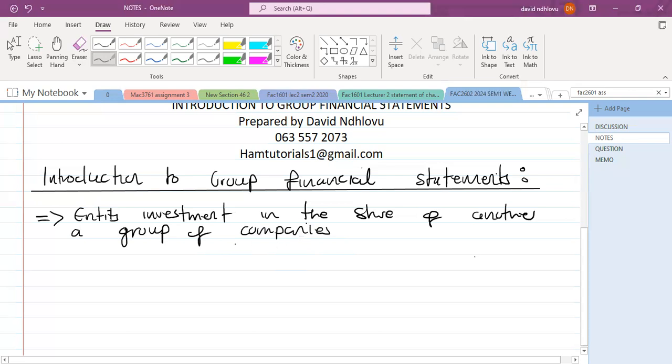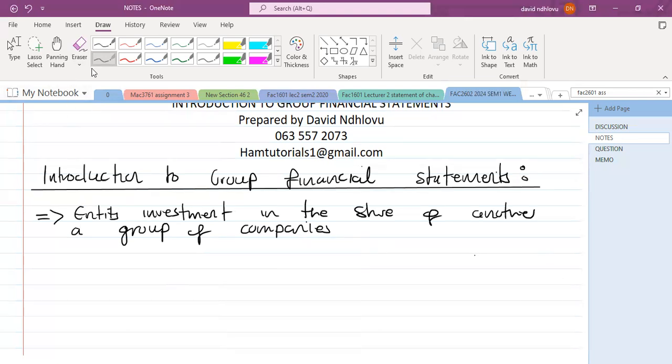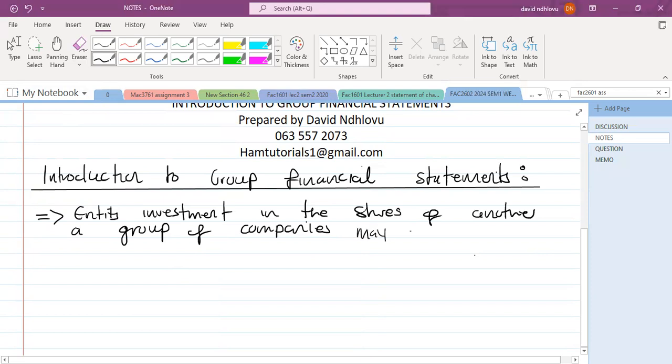So this is 2, 3, or 4 or more companies that have got a relationship. So if an entity invests in the shares of another, a group of companies may be formed.